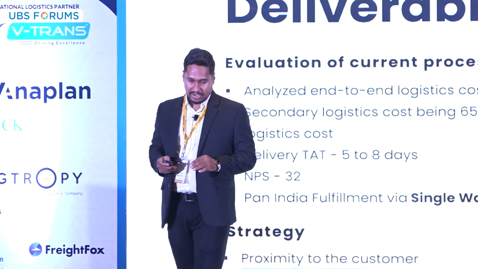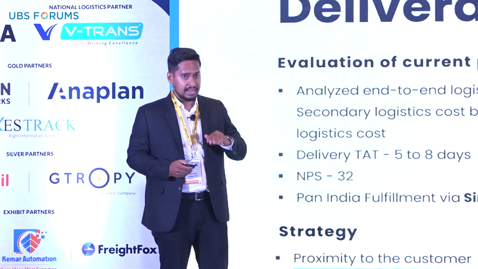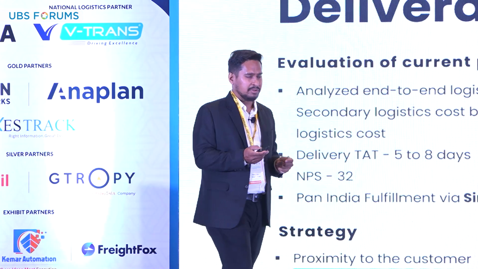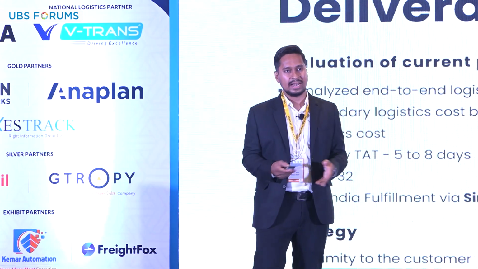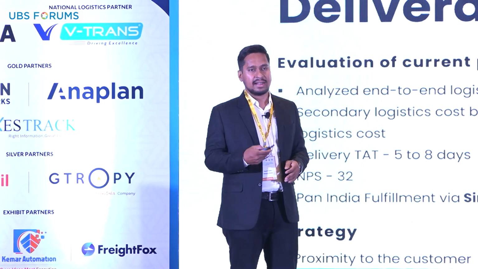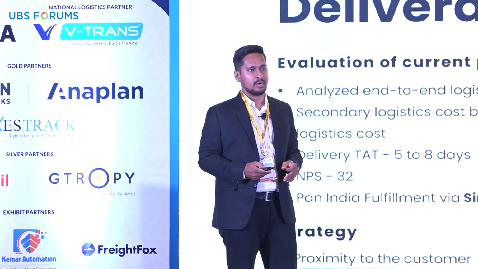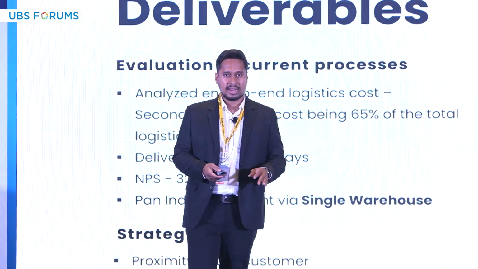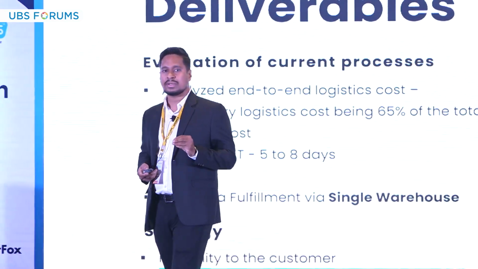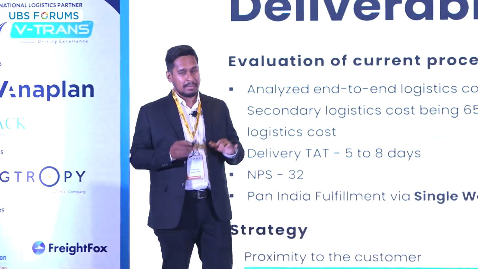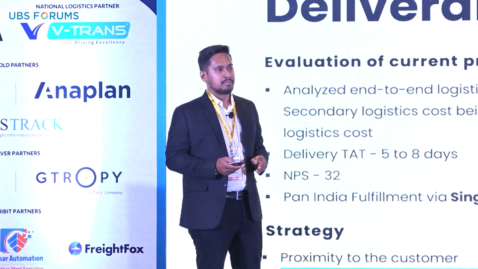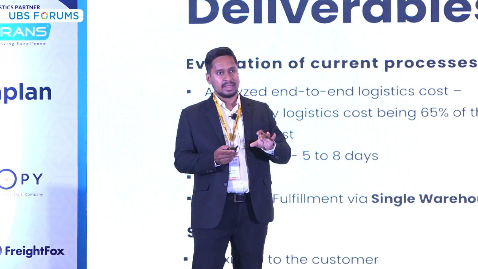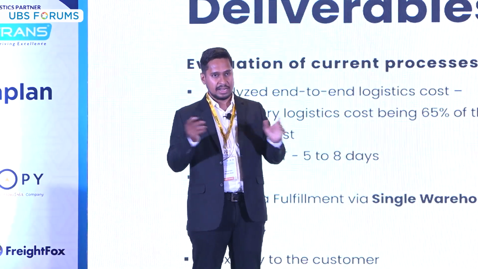It took us time to collate the data and then give those variables to the algorithm. And when we ran the algorithm, it was able to give us an optimized number of warehouses that minimizes the distance between demand points and the centroids, which is the warehouse in a particular cluster.